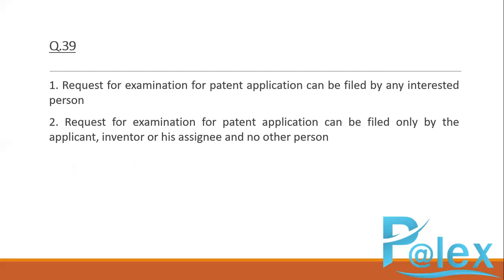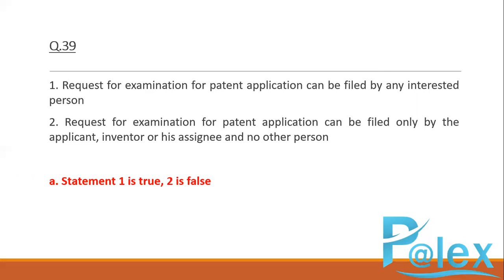Question 39. Request for examination can be filed by any interested person. Request for examination can be filed only by the applicant, inventor, or assignee. Most of the times the request for examination is filed by the applicant, inventor, or assignee, but the Patent Act allows any interested person to file request for examination.